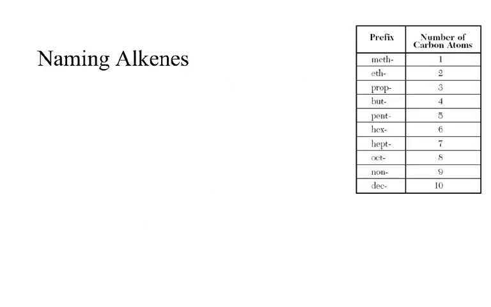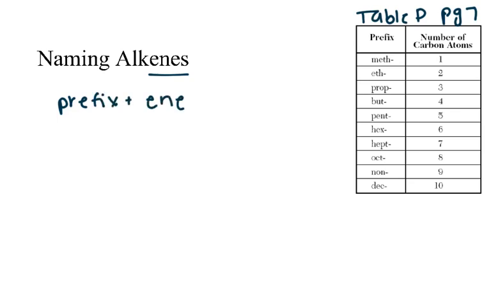We're going to use table P for our prefixes. So table P, page 7. And the only difference here is our naming is going to be prefix plus E-N-E at the end, ene. Okay, so if we have C2H4, we're going to look for that prefix that is 2, which we know is eth.